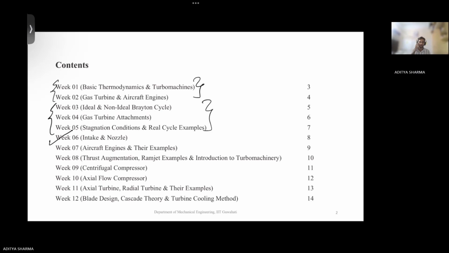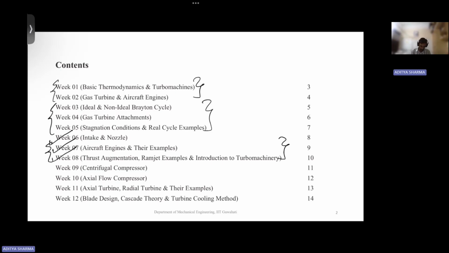In week 7 we saw different types of aircraft engines, and in week 8 we saw how we can augment the thrust. So weeks 7 and 8 are about different types of engines.